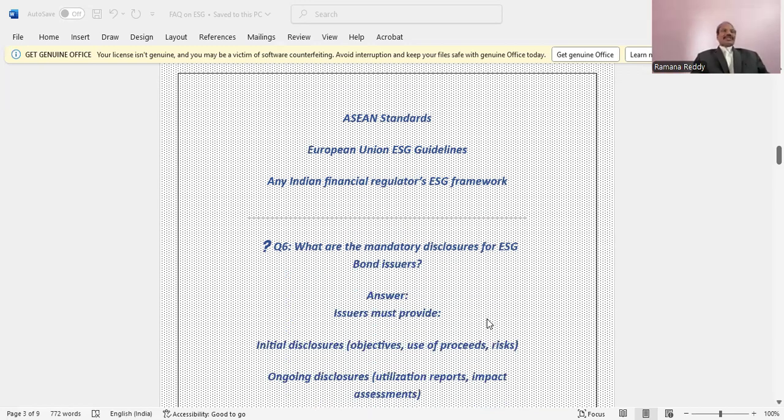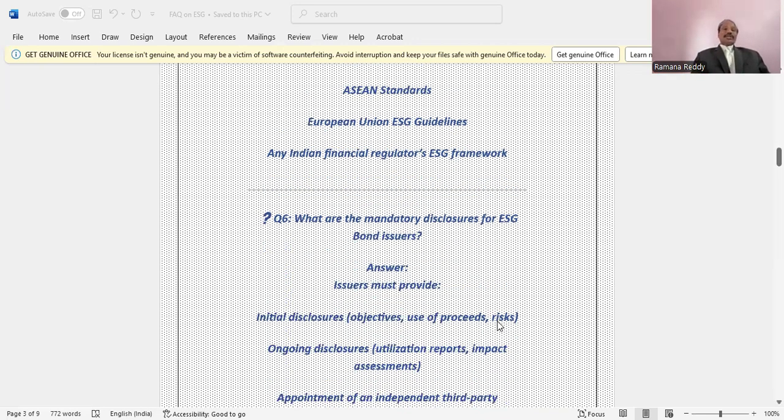The next question: what are the mandatory disclosures for ESG bond issuers? Issuers must provide initial disclosures and ongoing disclosures. Initial disclosures are the objectives, use of proceeds, and the risks. Ongoing disclosures are utilization reports and impact assessments.